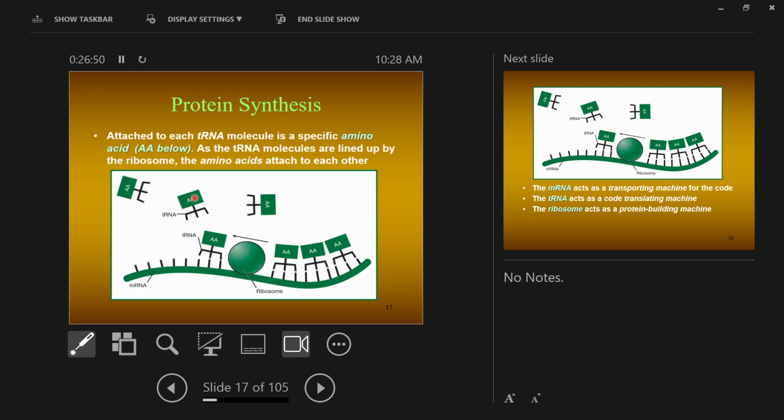Proteins are made out of amino acids. So you take these tRNA molecules floating around with amino acids attached to them, and a specific amino acid will attach to only a specific spot on this mRNA, wherever it chemically matches, okay?